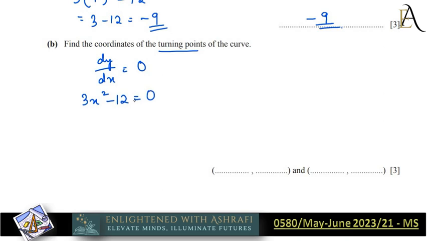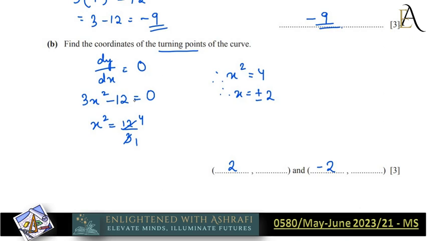So x squared equals 12 upon 3. Three fours are twelve. Therefore x squared equals 4. Therefore x equals plus or minus 2. So we got the values of x as 2 and minus 2.